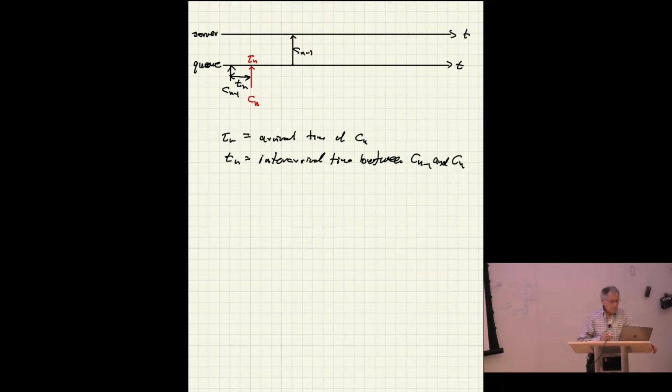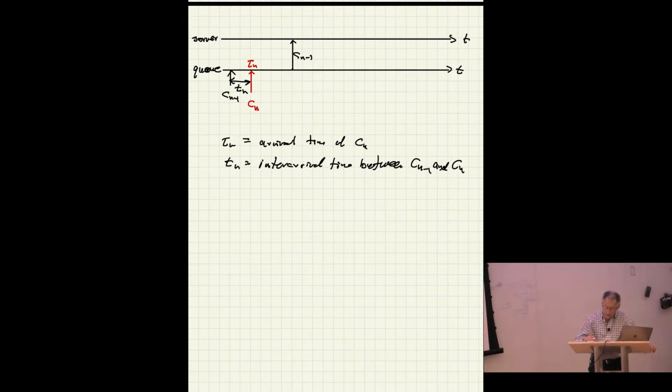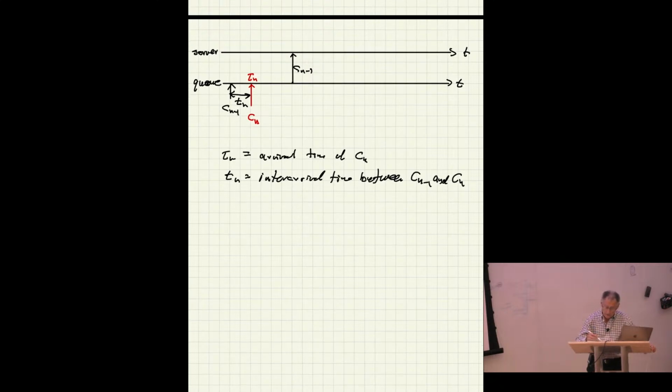Okay, now at some point, Cn minus 1 will leave. Let's assume that happens over here. Now when Cn minus 1 leaves, what else happens? Cn goes into service. He's the next guy up.